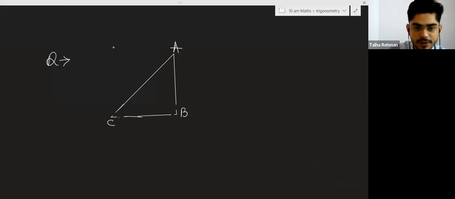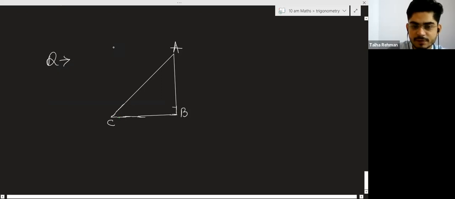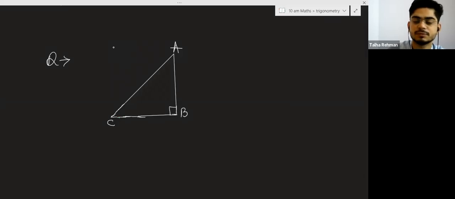So this is the triangle we have. And this is the right angle triangle. Why is this a right angle triangle? Because one of the angles of this triangle is 90 degrees.